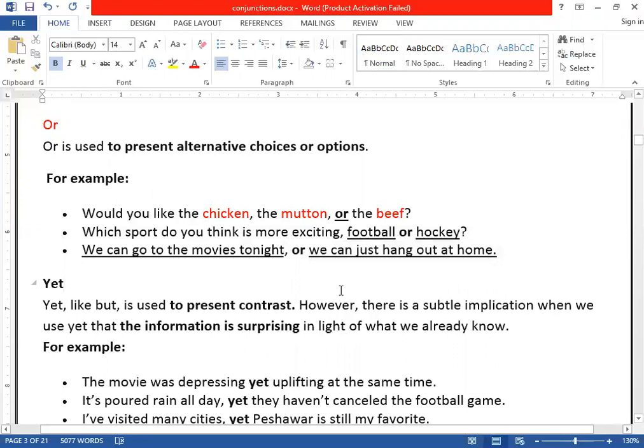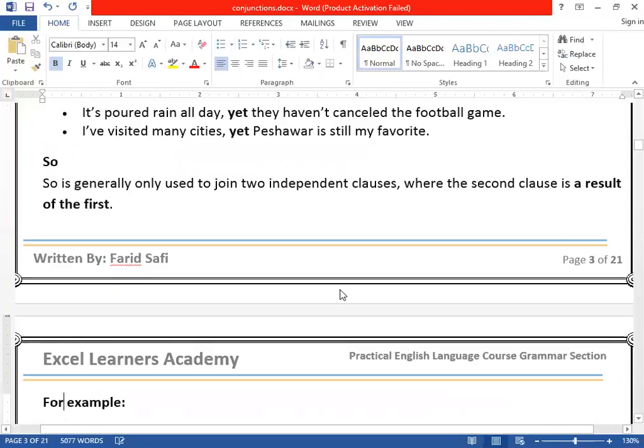So it can give alternative choices or options between two independent clauses or between two words, like in the previous one, chicken, beef, or mutton. These are choices of words. But in the last one, we talked about two independent clauses. Next we have the coordinating conjunction yet.